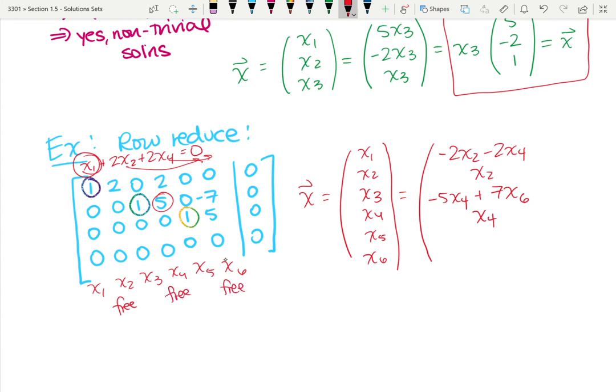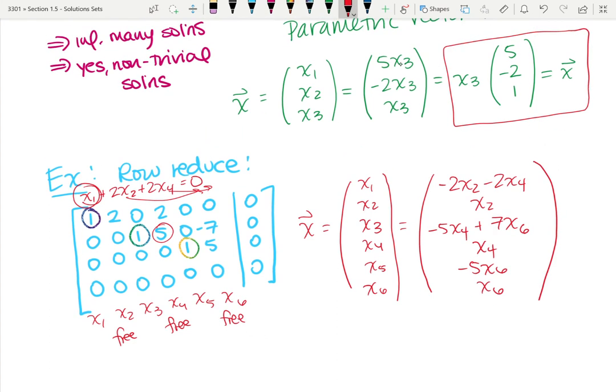There's no pivot in the sixth column, it's free as well. And x5, we take that positive 5x6 and move it over, so negative 5x6. x6 is free. So this is considerably more complicated than what we had in the previous example up here.